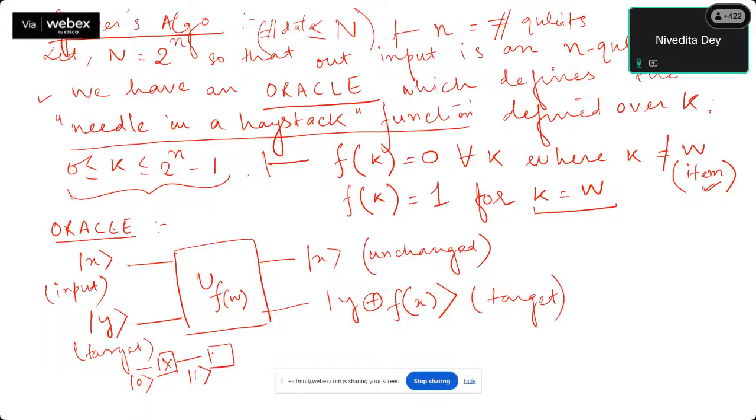Then if you apply a Hadamard gate, it will become ket 0 minus ket 1 by root 2. So these two gates, X and H, you have to put in terms of y when you implement it for code purposes. But your target register will ultimately be y. This is a symbolic one, and X and H are the actual ones that you use. So whatever the target, accordingly you have to do the initial calculations and put it in.